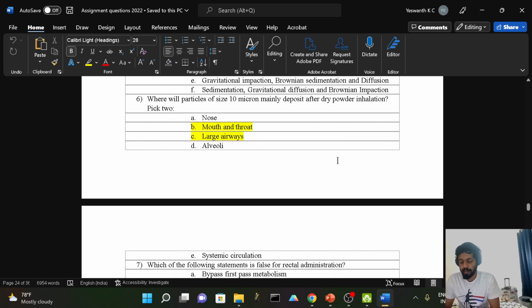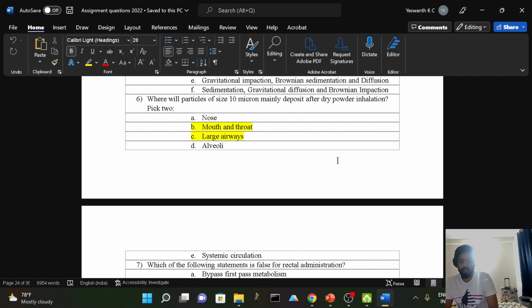Yes, correct. So what usually happens in clinics for dry powder inhalation is that it's not preferred to give dry powder through the nose, because you will not have enough force to push the dry powder into the lungs. So people put these dry powders in inhalers, like the asthma and bronchitis inhalers you may have seen.